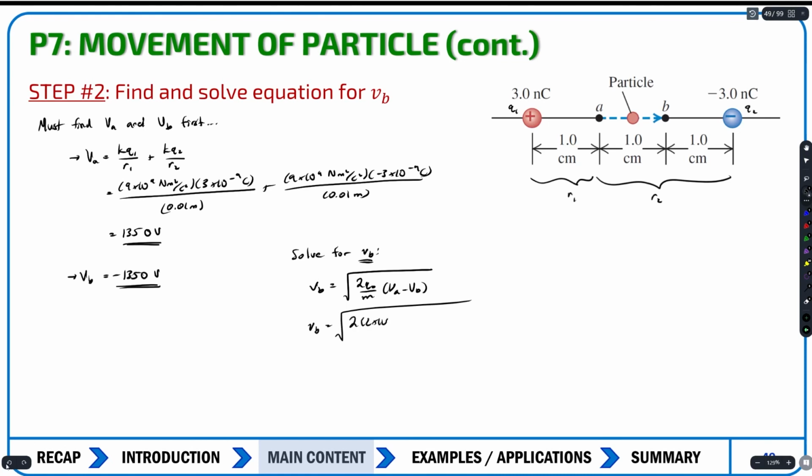Q0 is 2 times 10 to the negative 9 coulombs. We have VA minus VB being 1350 plus 1350 volts, divided by 5 times 10 to the negative 9 kilograms, and we get the speed to be 46.4758 meters per second, or we can round it up to 48 meters per second. And that would be your answer to solve for VB.